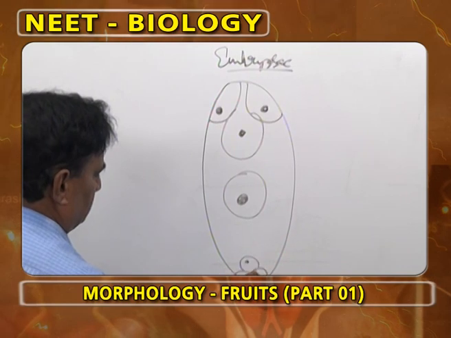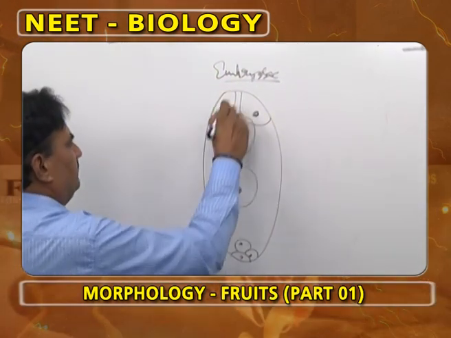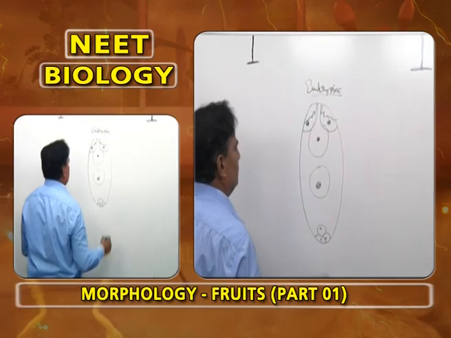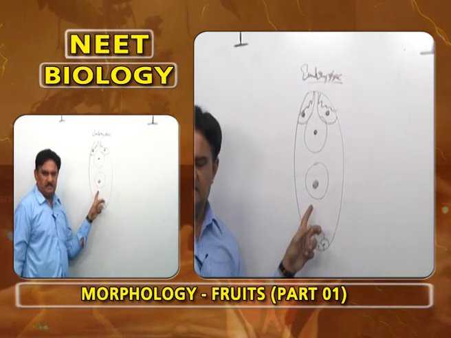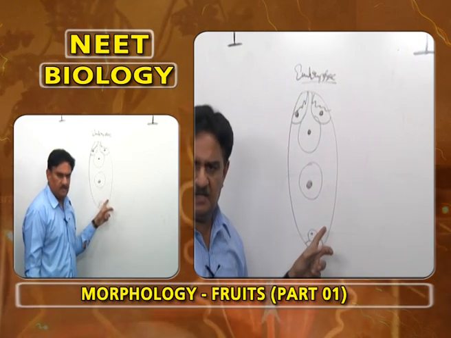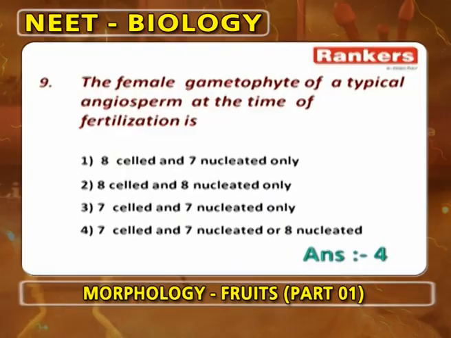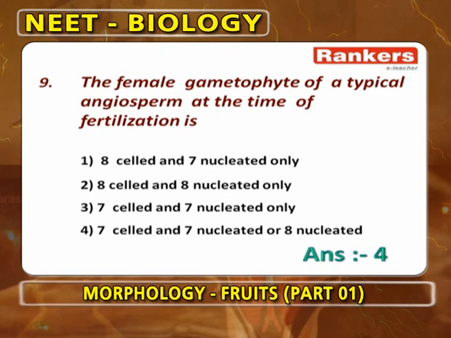They are two synergids with filiform apparatus and one egg cell, which combinedly form the egg apparatus; the central secondary nucleus or central cell formed by the fusion of polar nuclei; and 3 antipodals.